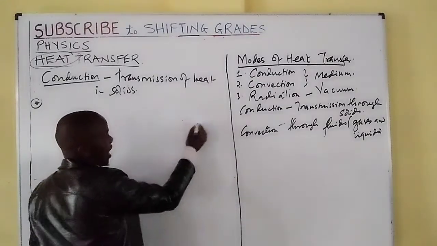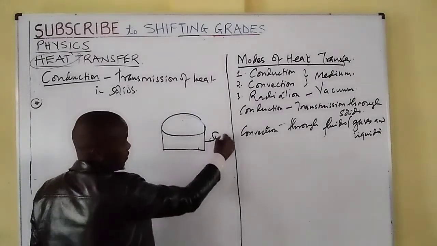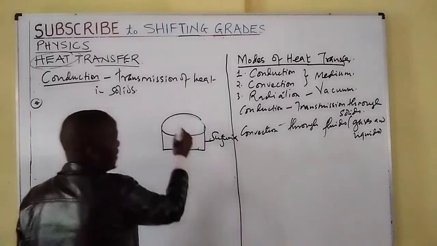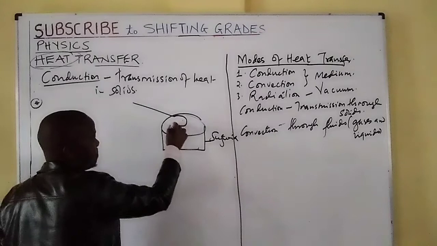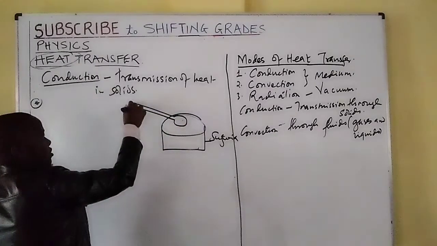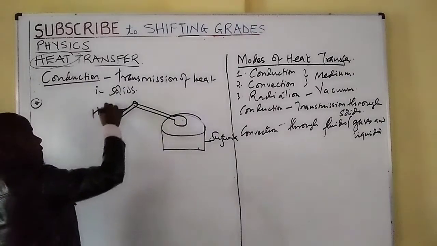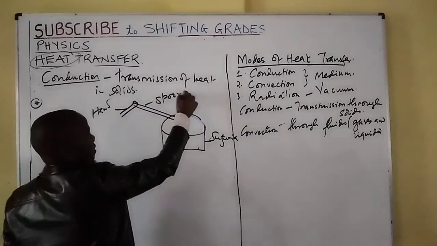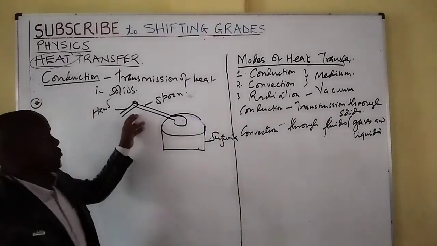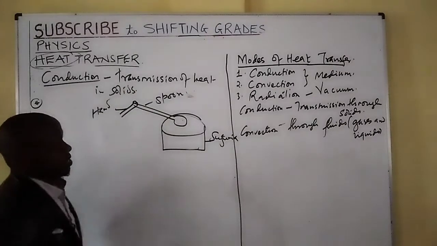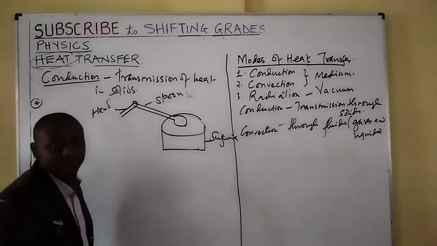Here you are having your hot sufuria. What you are holding is a spoon, and once you dip it here, your hand is here, this is a spoon, the hot stuff is here. So once you dip in the spoon, which is metallic, heat is going to affect only this part at first.